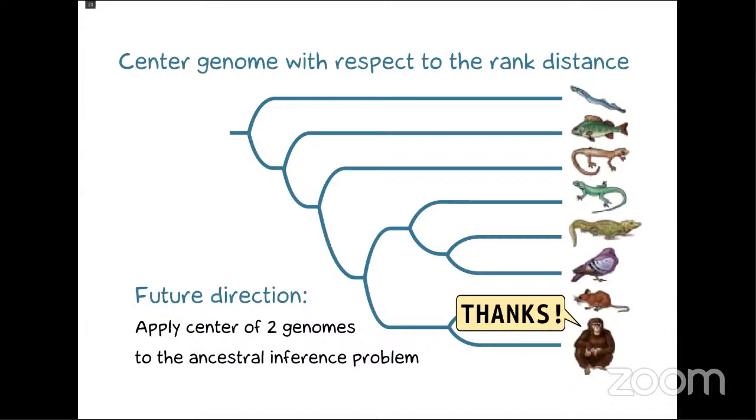Yes, we have analyzed the question of insertions and deletions in this rank distance scenario. And of course, the first problem is that when you transform the genomes into matrices, they don't even have the same dimension for you to be able to subtract and compute the rank.